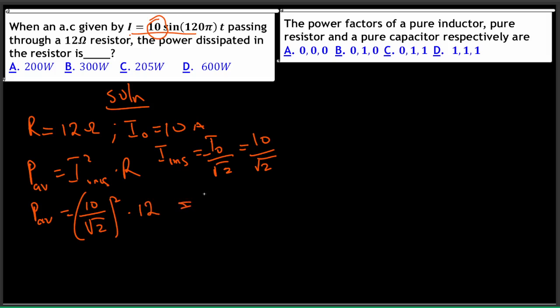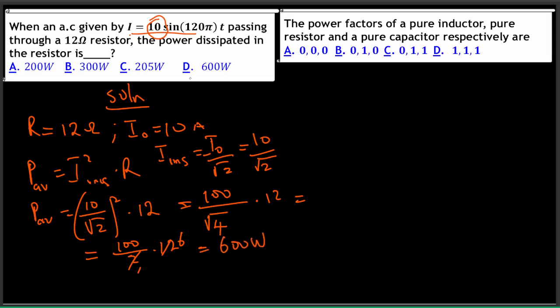So this will give us 100 over root 4. You remember? And of course times 12. So we have 2 here, so we have 100 over 2 times 12. All right, so the correct option is D.